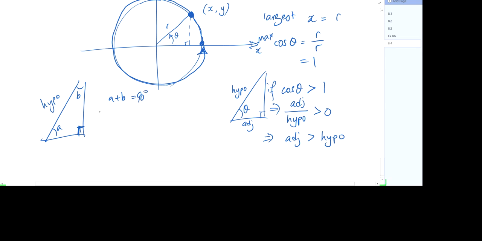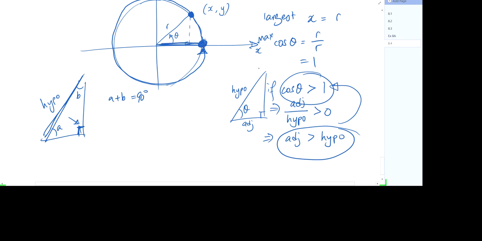Then the hypotenuse is the side opposite the largest angle, because it's the longer side. Therefore, we cannot have adjacent greater than hypotenuse. Therefore, cosine theta cannot be greater than 1. In other words, cosine theta's greatest value is 1. That happens when theta is equal to 0. When the angle is 0, then the adjacent value is x, or rather in this case r, divided by r again, which is 1.